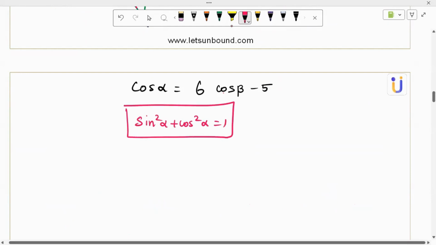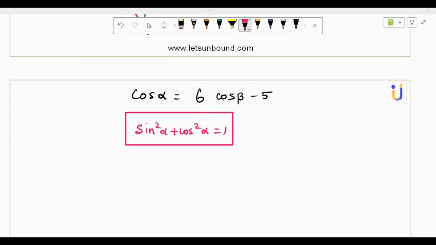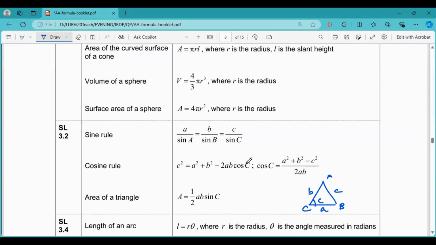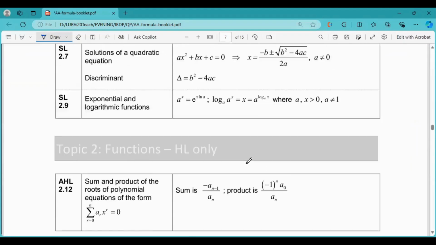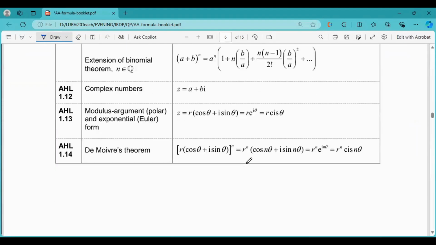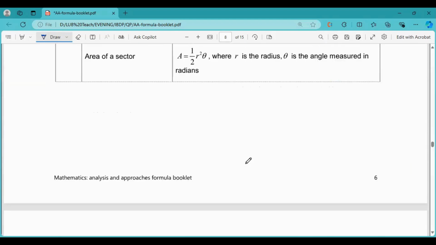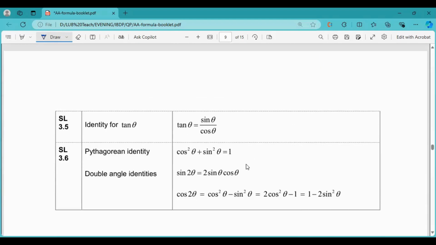This is a very basic identity. It is also available in the formula booklet. Let me show it to you. The basic identity is over here: cos square theta plus sine square theta equals 1. So this one we can apply.